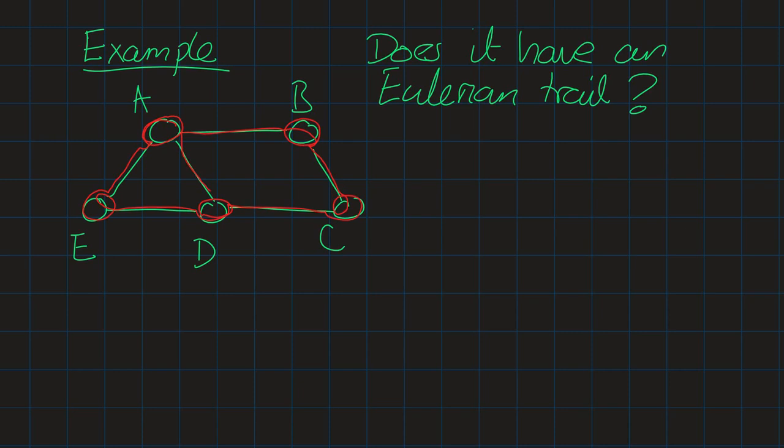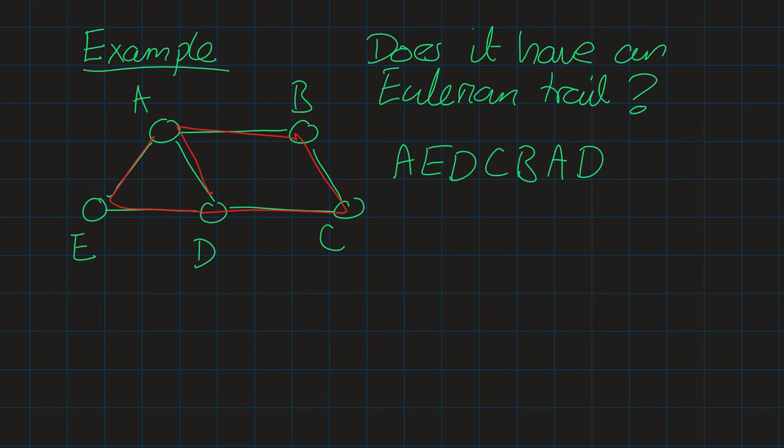If I was to write out what I just did, I would say that's A, E, D, C, B, A, D. I hit every edge exactly once, and I never repeated an edge. I mean, I repeated a vertex, but that's okay. Eulerian has nothing to do with repeating vertices, it just cares about repeating edges.